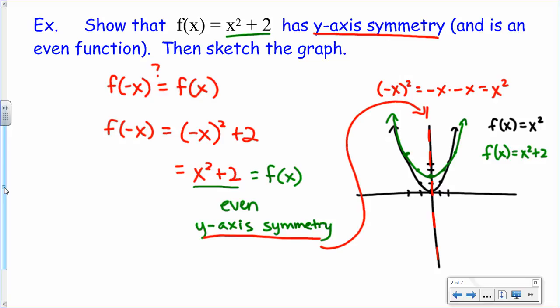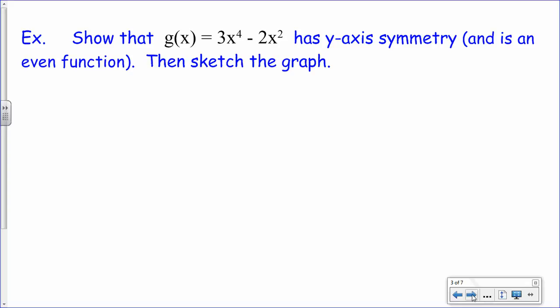All right, let's look at another one. I'm not going to worry about sketching the graph here. If I want to show that it has y-axis symmetry, then I'm going to show that it's an even function.